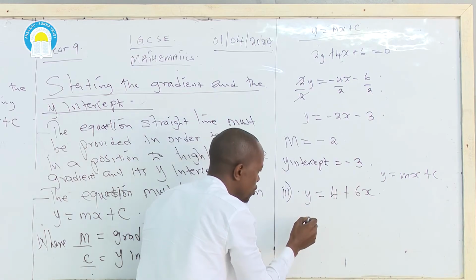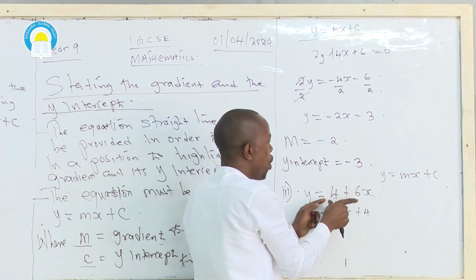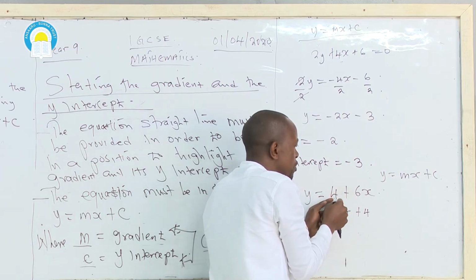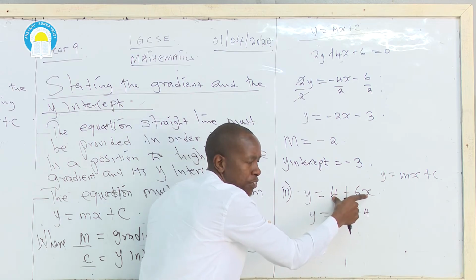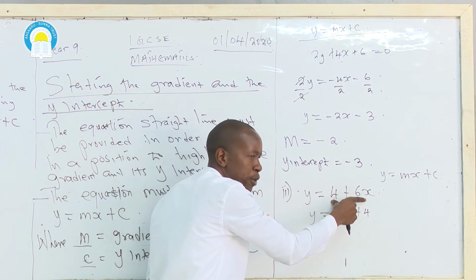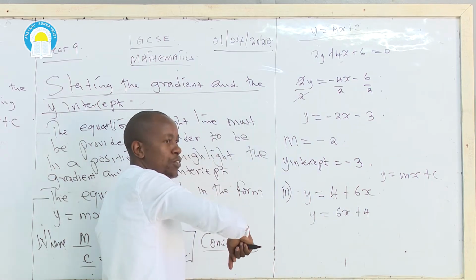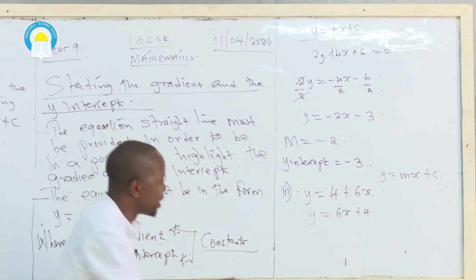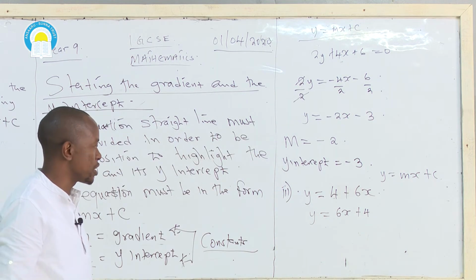In this case, you're going to say y is equal to 6x plus 4. Remember, all these terms after the equal sign are positive. That's why they have not changed to negative. They remain the same. It's only the position that has changed.